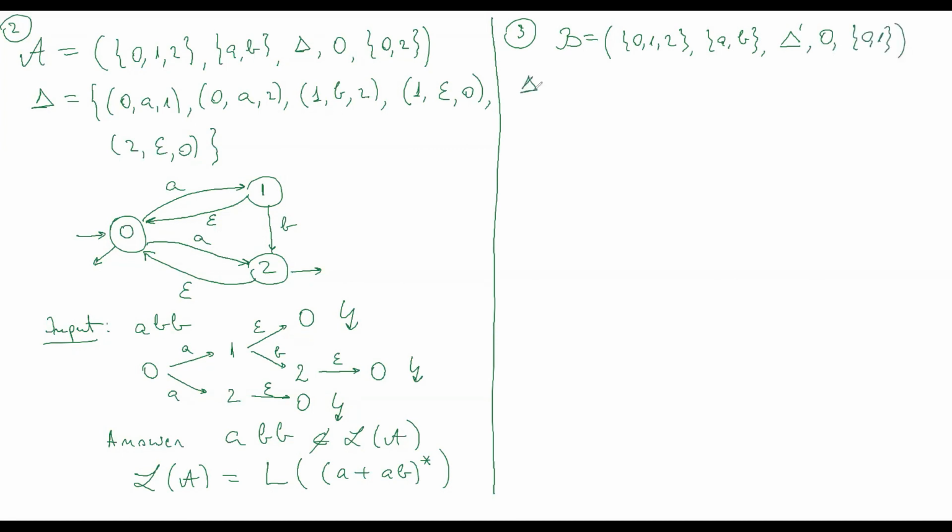And this delta prime consists of transitions 0A1, 1A0, and 1B0.